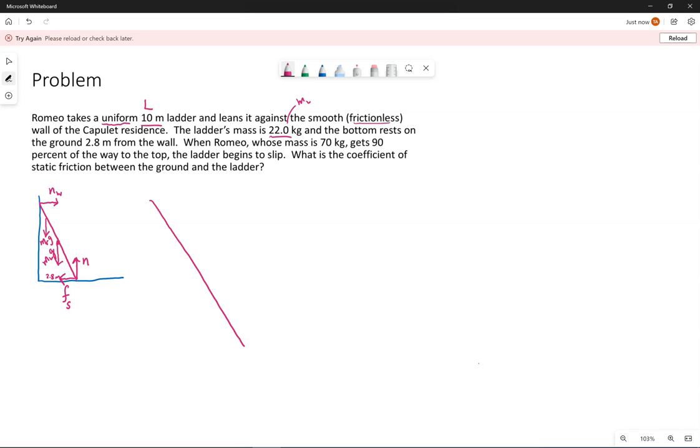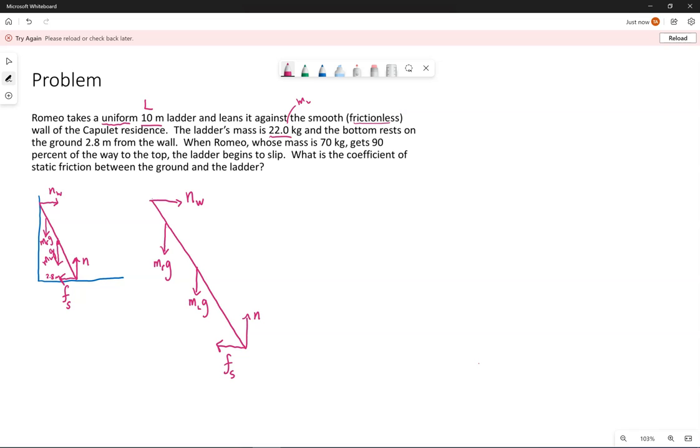I'm just going to draw what I'm representing the ladder. So the normal force with the ground, the force of static friction, the force of gravity because of the ladder's mass, the force of gravity because of Romeo's mass, and the normal force with the wall.